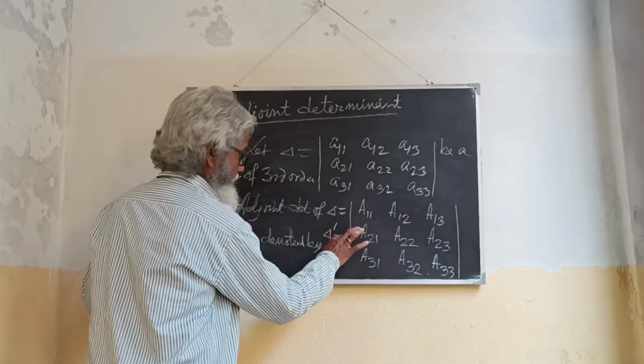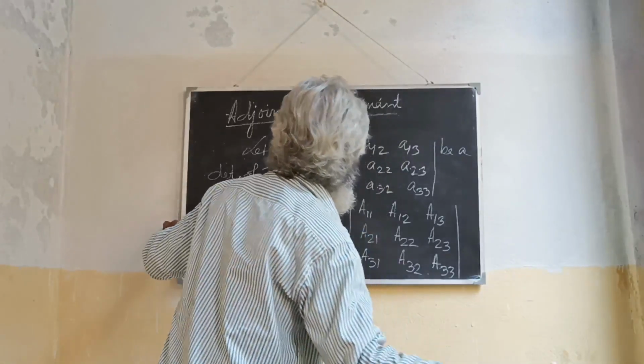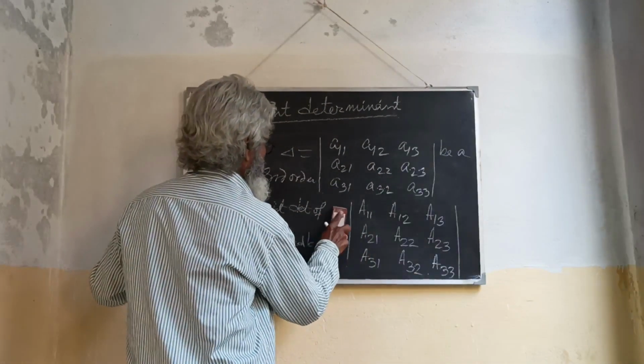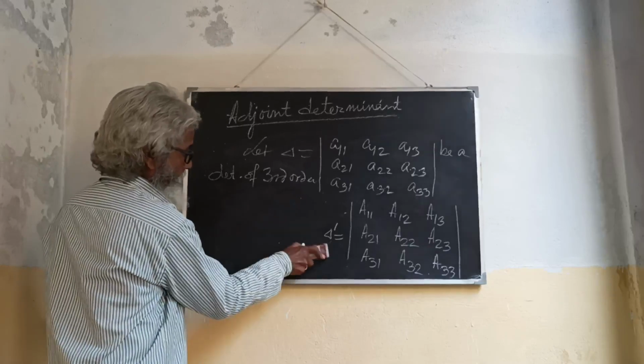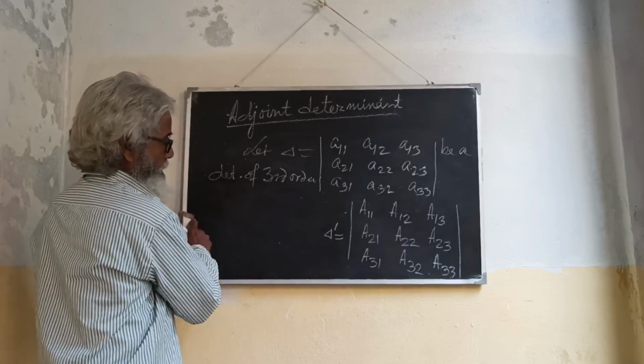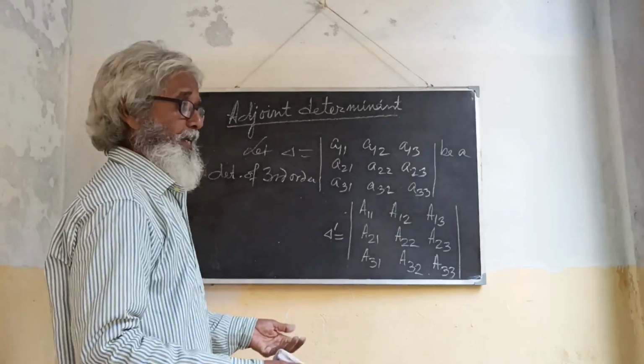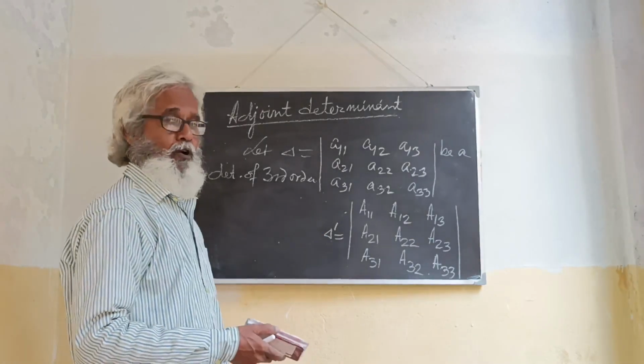So delta dash equal to this. So if delta be a determinant, then what do you mean by the symbol delta dash?